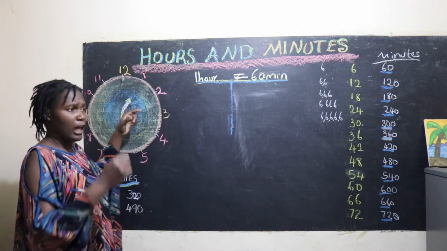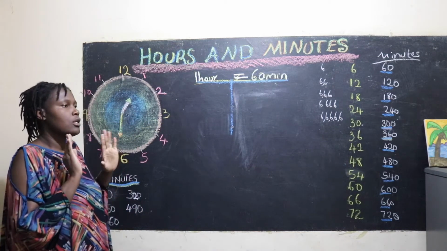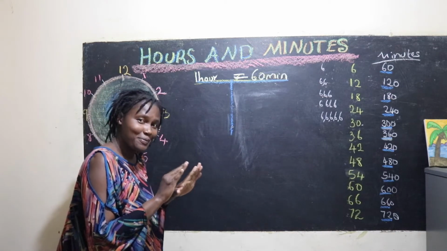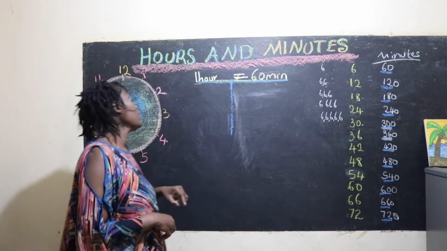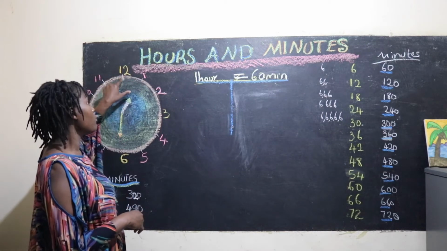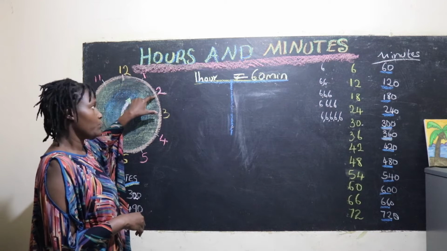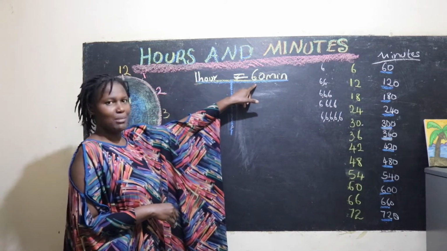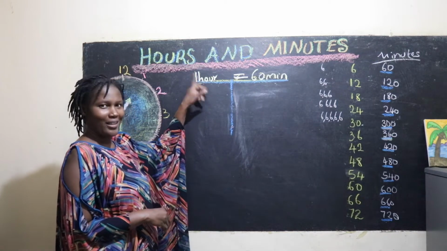Yet the fat and shorter one moves slowly. At the end of the 60 minutes, he has just moved one step, perhaps from 12 to 1 or 1 to 2, and we call it an hour. So 60 minutes makes 1 hour.